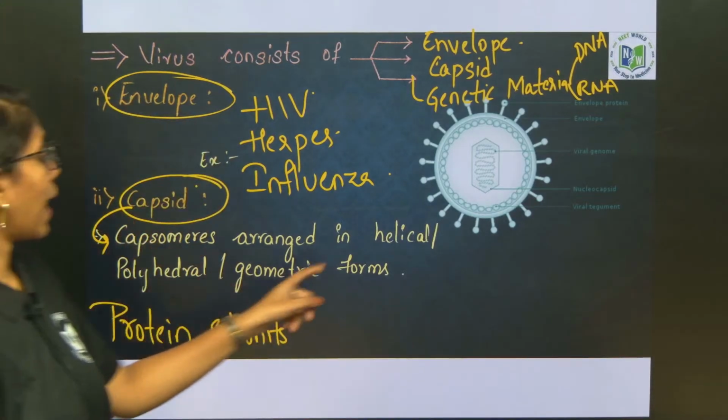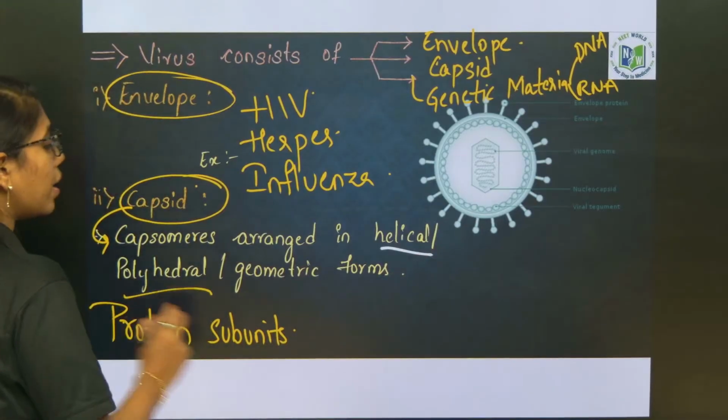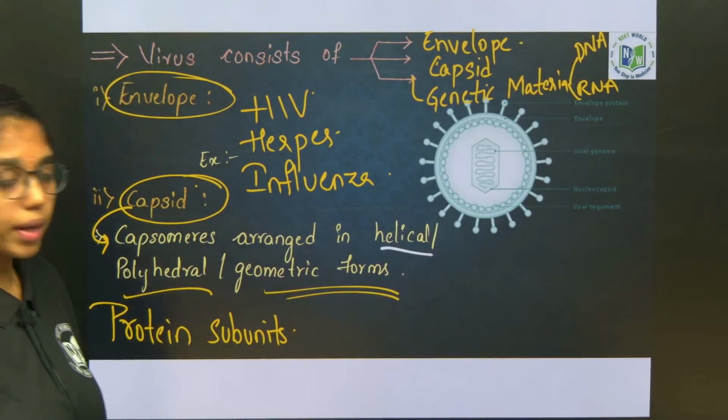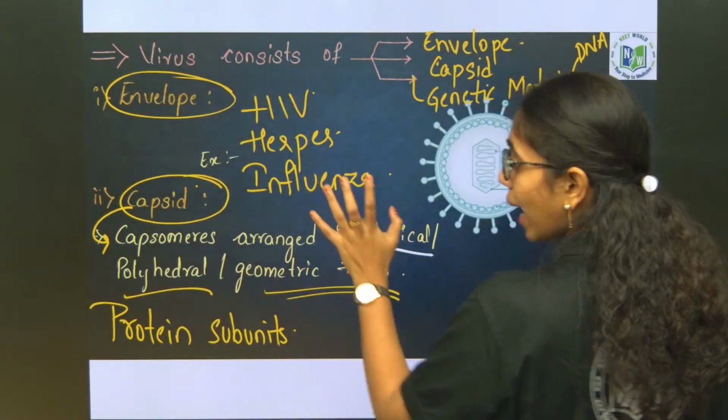They are arranged in helical, polyhedral or geometric forms. So this is about envelope and capsid.